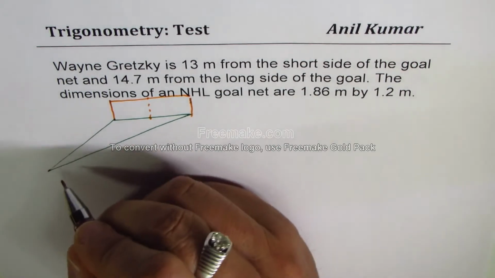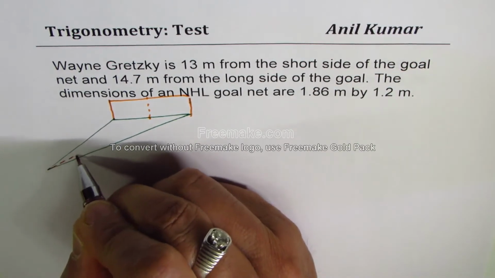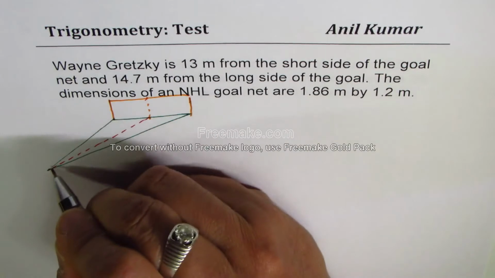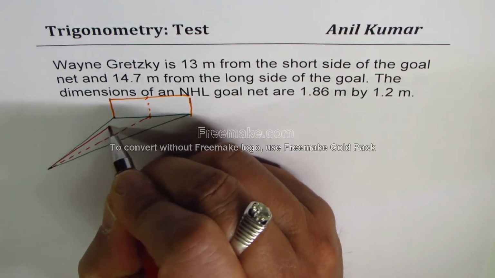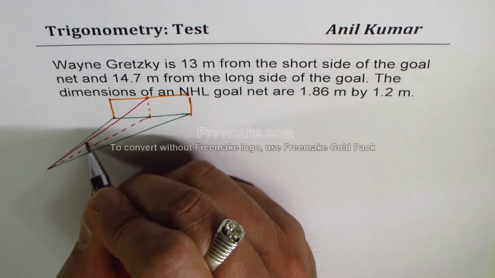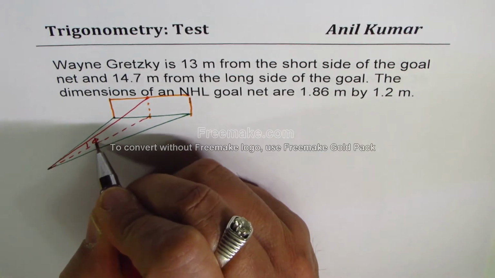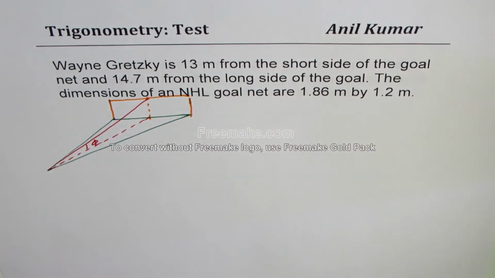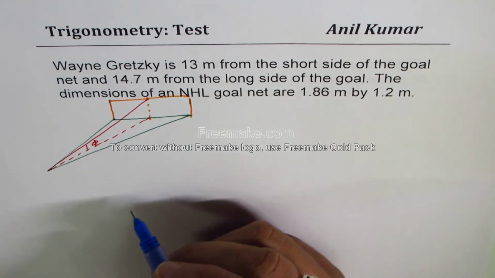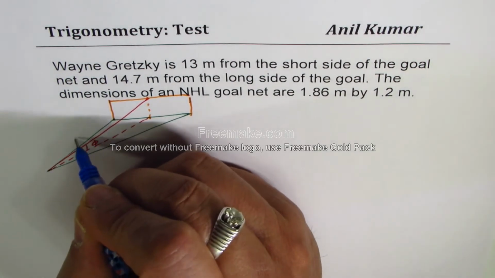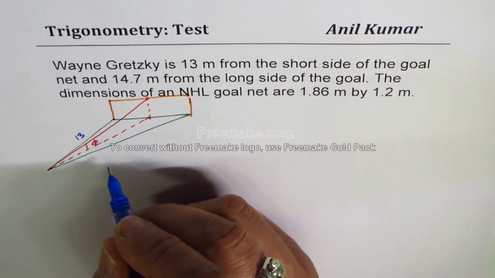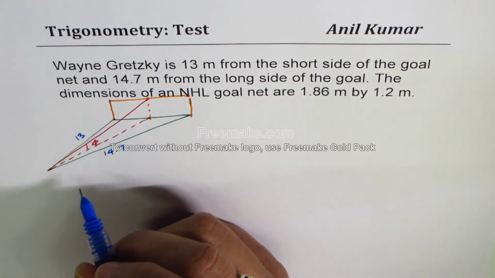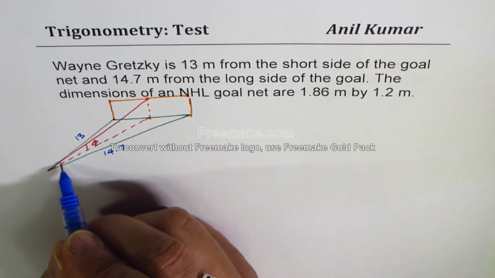So first we have to find this center and side length which joins this, and then we'll find joining this angle, let's say phi. So that is the angle we are interested in finding. We already know these distances, the horizontal distances, 13, 14.7, and we already calculated one of these angles, that is this angle.